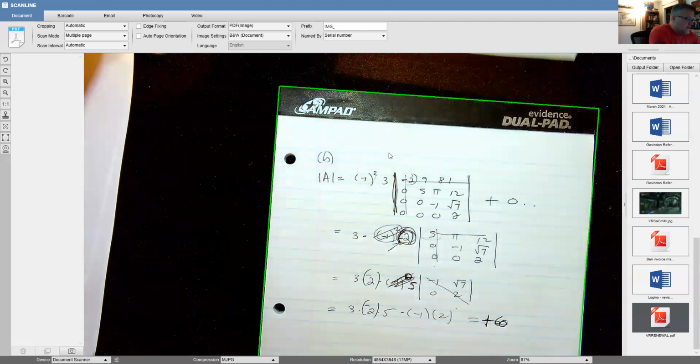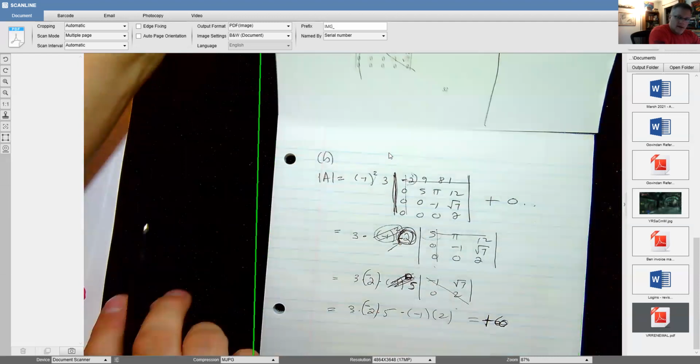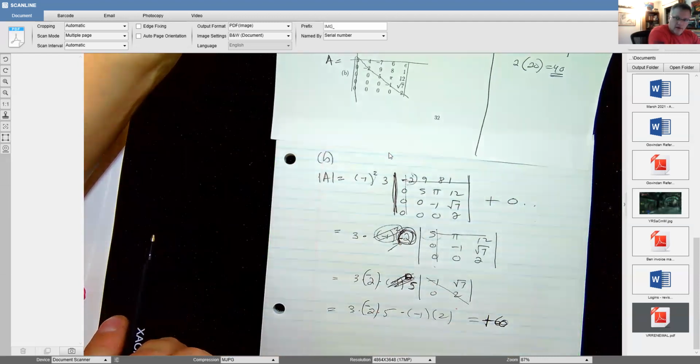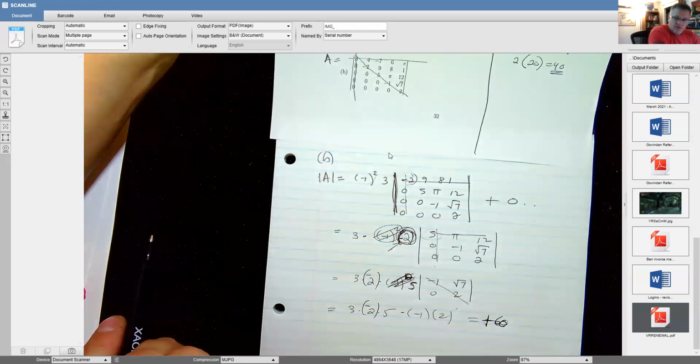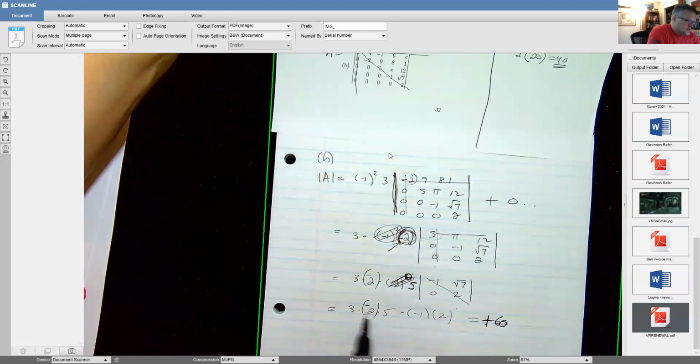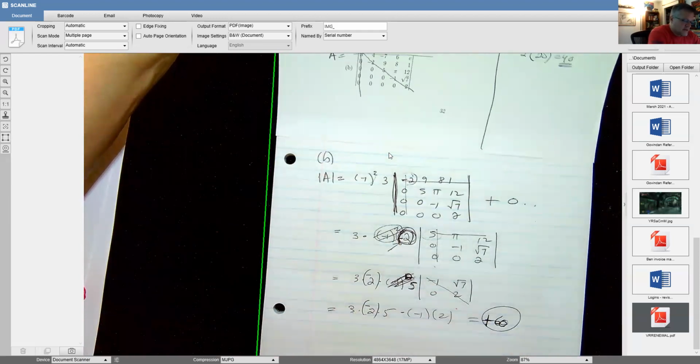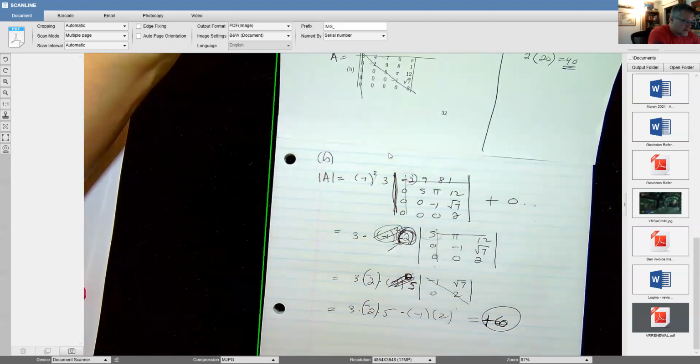All right. But the point I want to make here is that if you look at the original matrix, that was upper triangular. If we just multiply the entries on the diagonal, 3 times -2 times 5 times -1 times 2, we end up getting the determinant in that case.